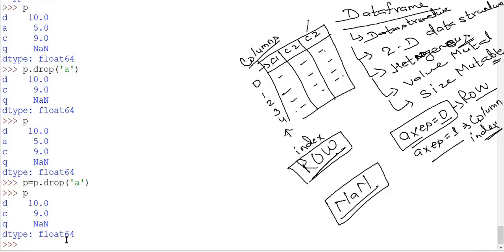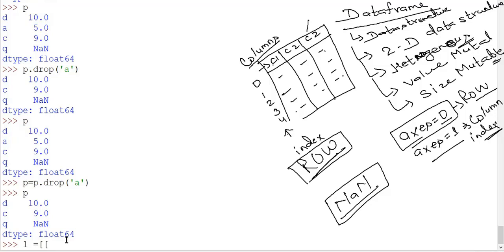So how can we create the data frame? You can create it through a list, a nested list, or a list of dictionaries. There are different options. Suppose I have a list L, and in it I store some values.